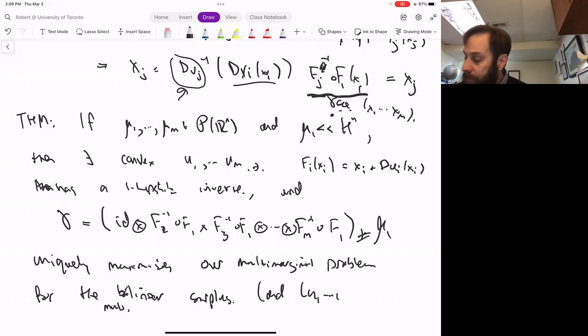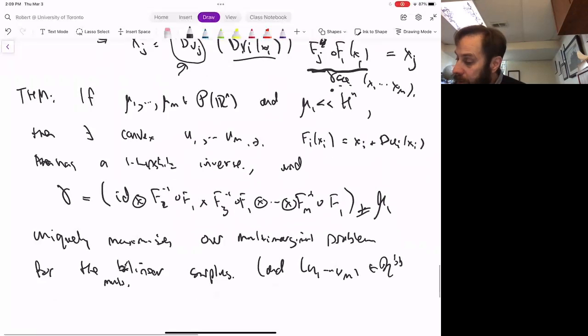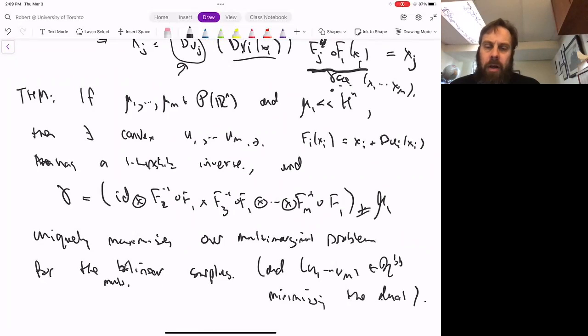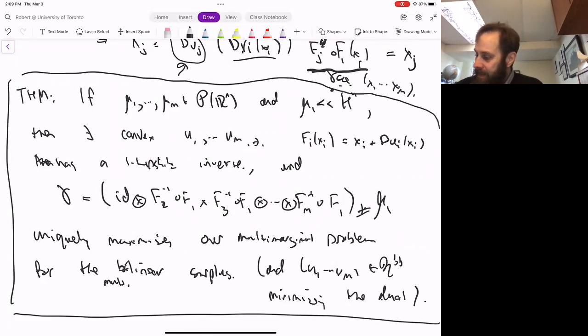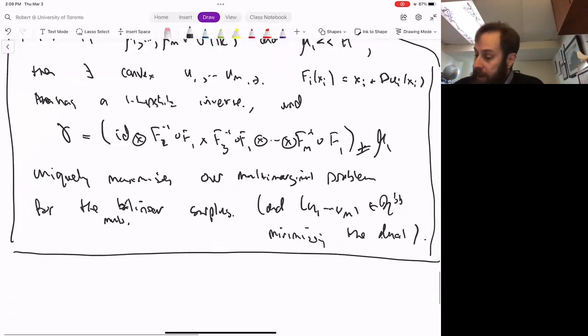And u1 up to um are convex functions minimizing the dual. So this is kind of a partial analog of Brenier's theorem for the multi-marginal case. Is it clear? And somehow we did the proof before stating the theorem, which when textbooks do that, I hate it. But okay.